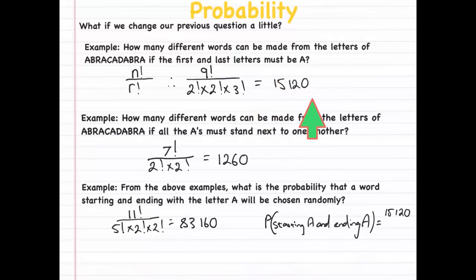We already know that's the amount of words there are that can start with an A and end with an A. And we divide it by the total outcomes for rearranging all the letters from the word abracadabra, which is 83,160. And when we are busy with probability, we always want to write our answer in the simplest form, which will be 2 over 11. That's the same as 0.18 as a decimal.